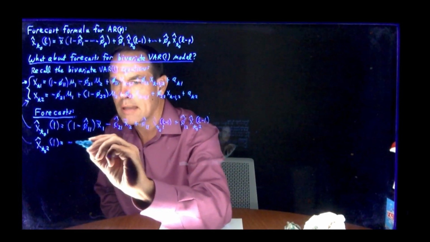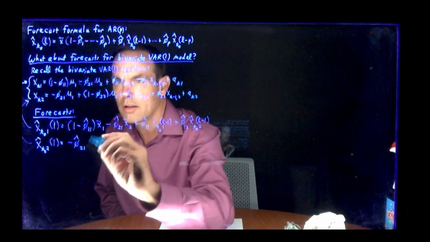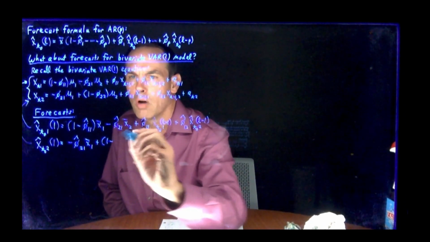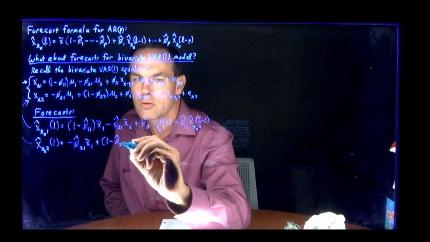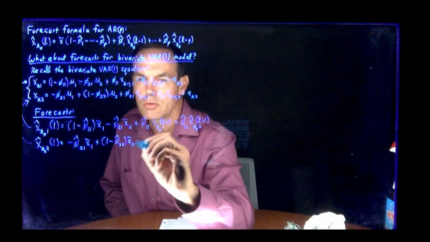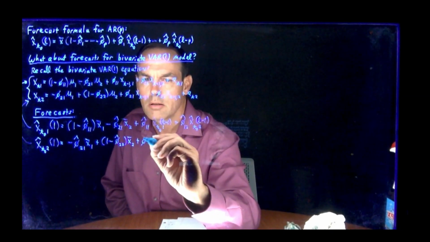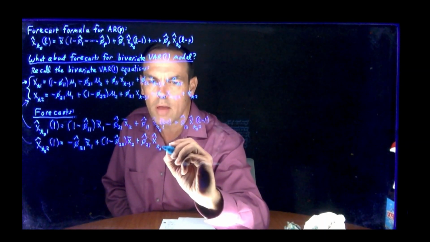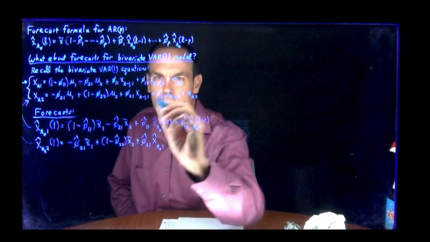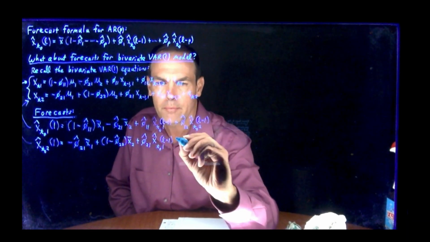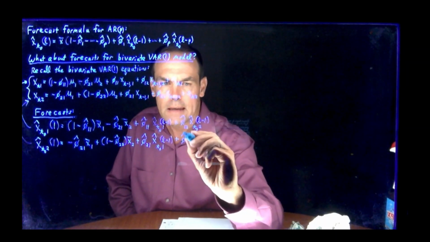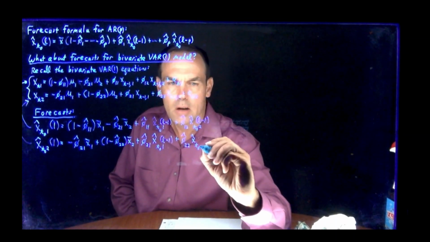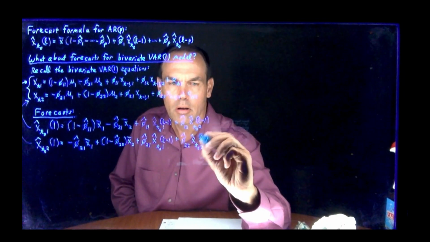It'll be negative phi hat 2,1 times, replace mu 1 with x bar 1 plus 1 minus phi hat 2,2 times x bar 2 plus phi hat 2,1, just as before, x hat of t naught 1, because it's variable 1, of L minus 1, plus phi hat 2,2 times x hat of t naught 2 of L minus 1.